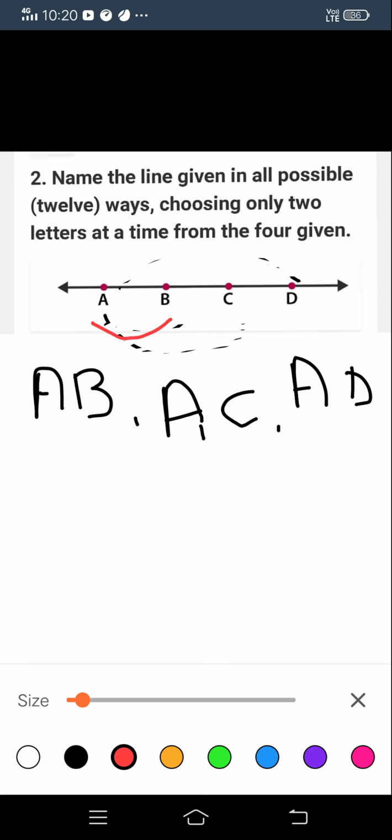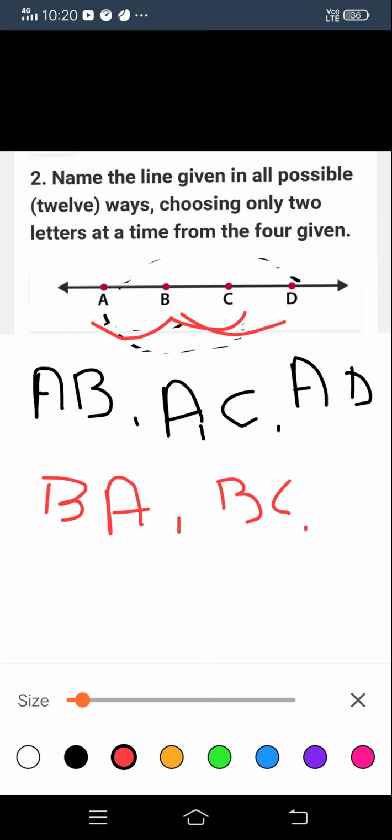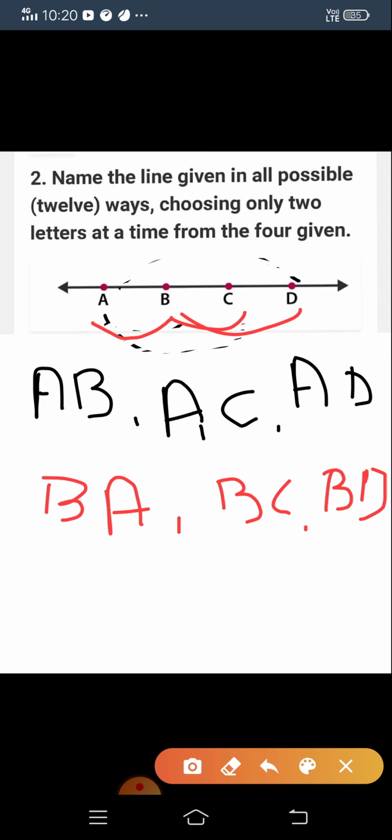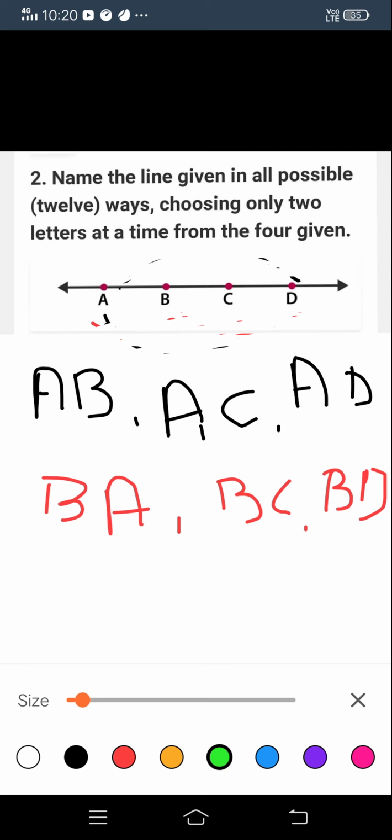From point B, that is BA, okay, next BC, and that is BD. Okay, next you have to take point C. From point C you have to identify the lines, that is CA, CB and CD.